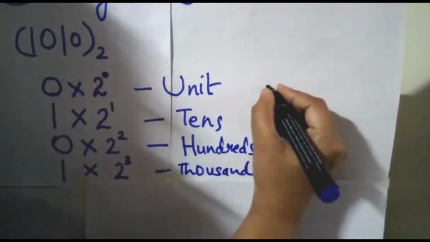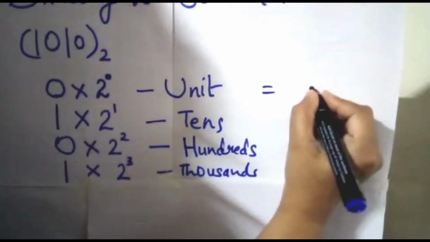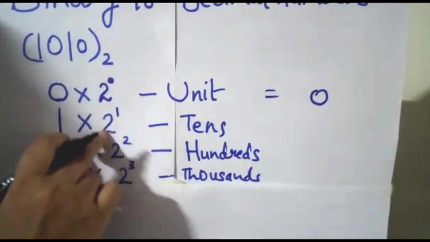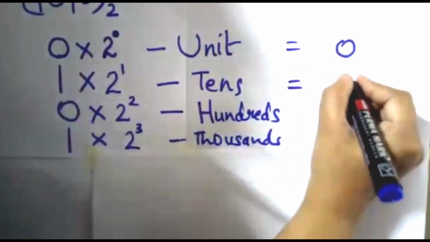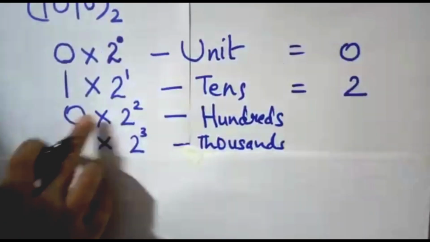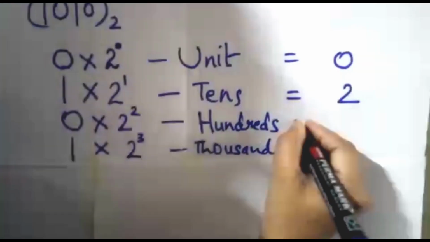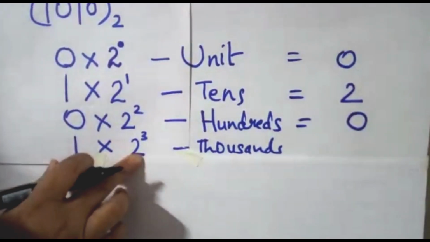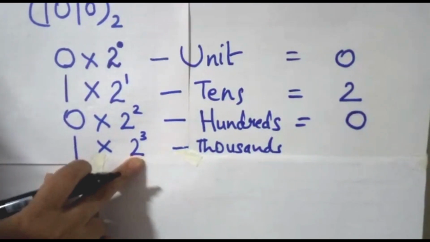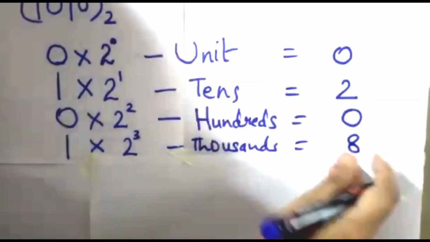Now you find out the value. 0 into 2 to the power 0, 2 to the power 0 will be 1, so 0 into 1 will be 0. 1 into 2 to the power 1, that is 1 into 2, so it will be 2. 0 into 2 to the power 2, it will be 4, but 4 into 0 will be 0. And 1 into 2 to the power 3, 2 to the power 3 means 8, so 8 into 1 will be 8.